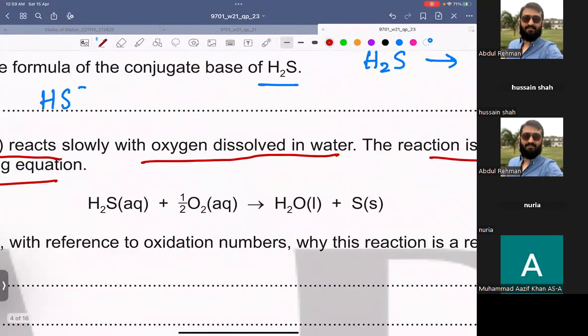This must be 0 and this must be 0, right? Here sulfur is -2 and it's +1 times 2.